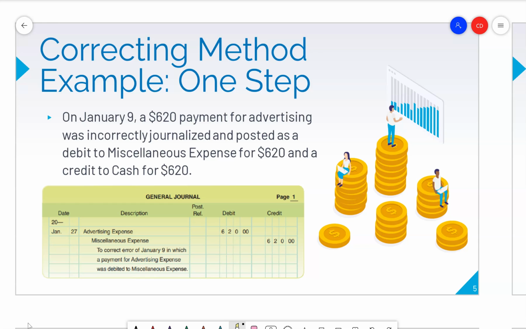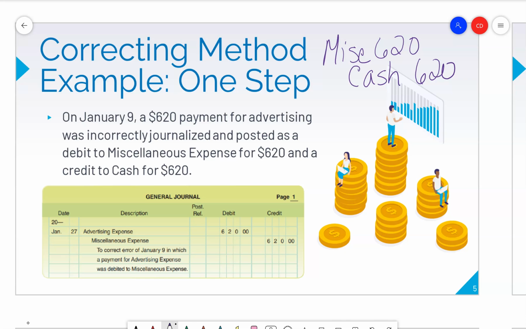So it was a debit to miscellaneous expense for $620 and a credit to cash for $620.